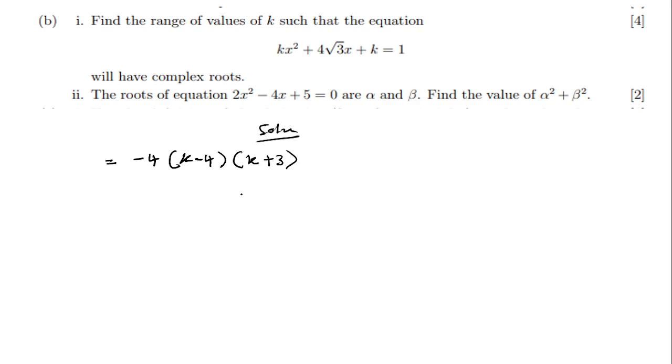Okay, so from that, which is the discriminant here, in this case we can treat discriminant to be equal to what? Equal to 0. So if discriminant is equal to 0, we can easily look for the values of k. So there, k minus 4 is simply equal to 0, and then k plus 3 is simply equal to 0. So here k will be equal to 4, and there k will be equal to negative 3.